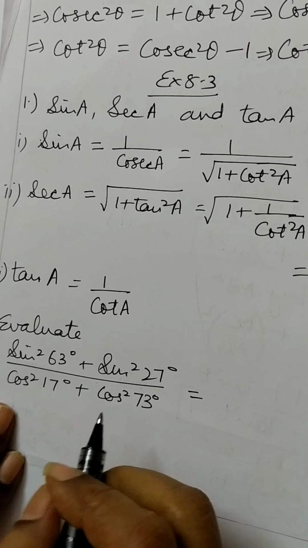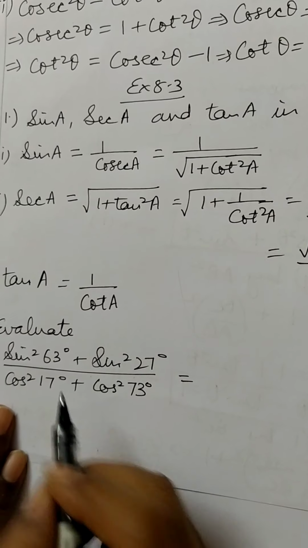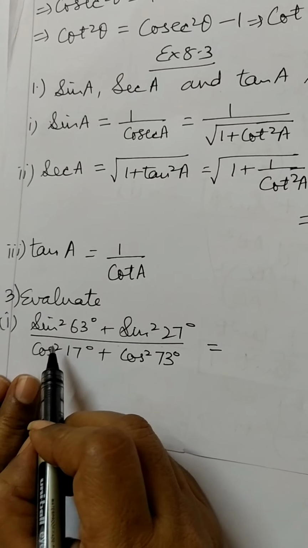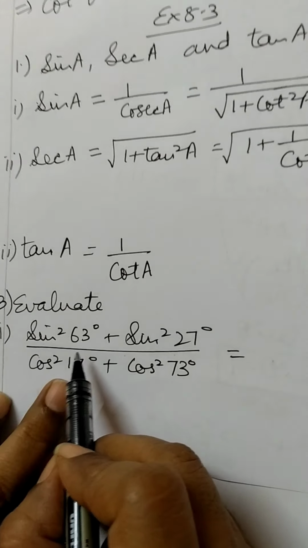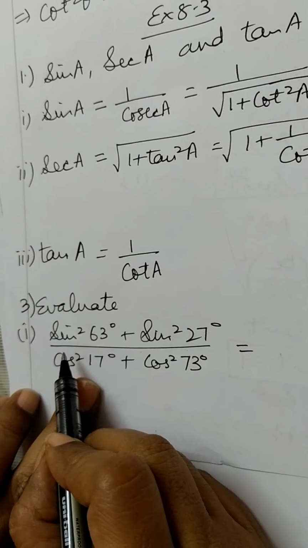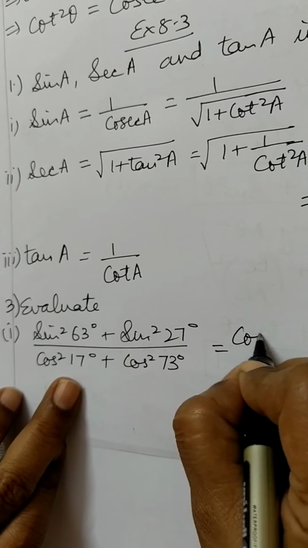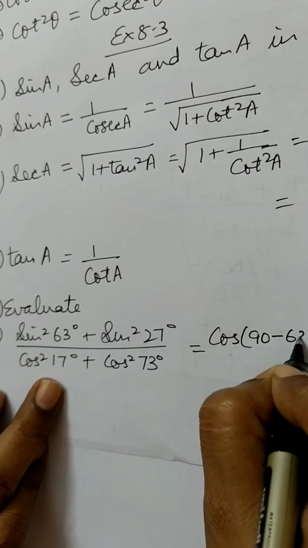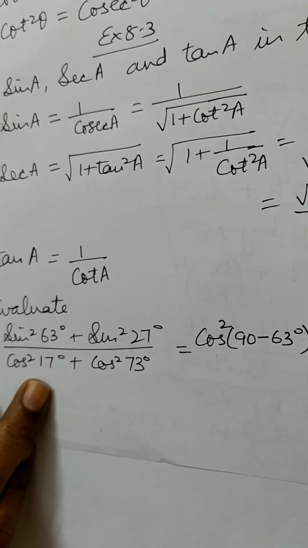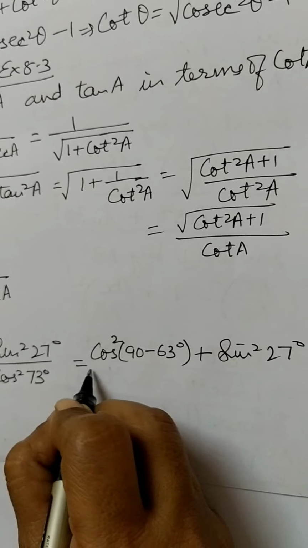Yes, in our last exercise, we did trigonometric ratios of complementary angles. And we know that sine theta is cos 90 minus theta. So in place of sine 63, if we take 63 as theta, we can write sine theta as cos 90 minus 63, squared as it is, plus sine square 27.